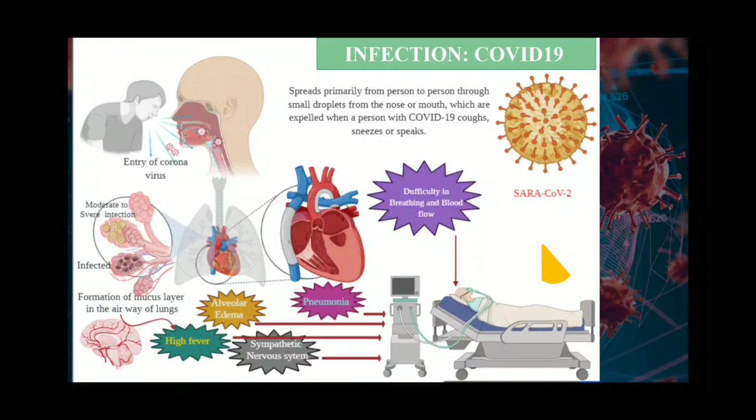So basically here I want to say the spread occurs primarily from person to person through small droplets from nose or mouth, which are expelled when a person with COVID-19 coughs, sneezes, speaks, etc. And all these symptoms can be visible within 2 to 14 days.